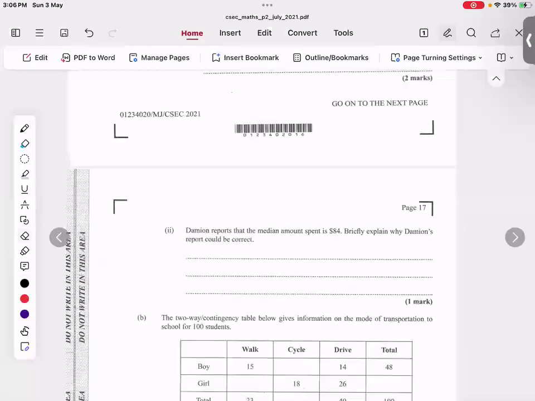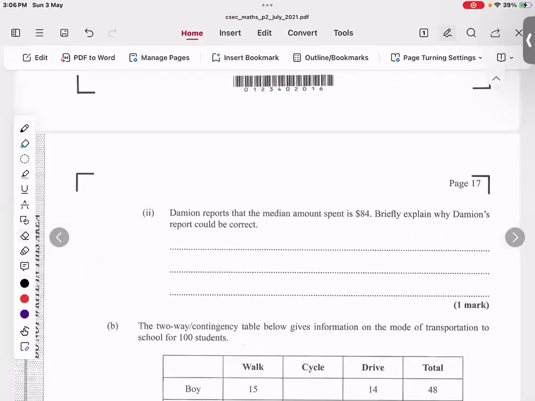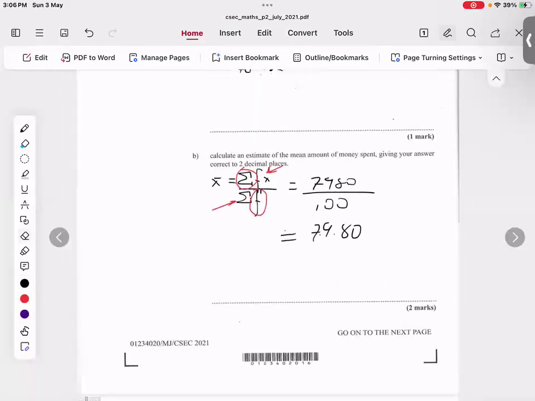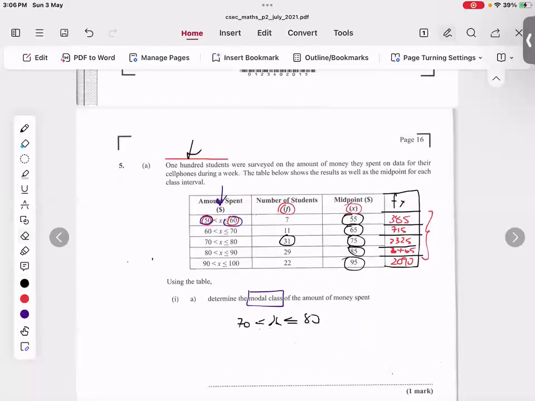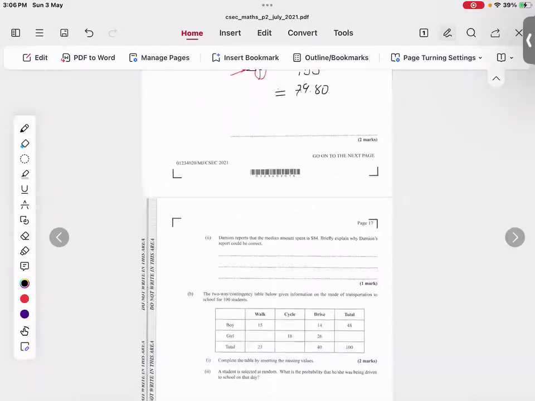So Damien says the median spent is 84. Basically he's saying that the median might be in this class. Here we're going for 1 mark, so I'm going to write back what we just did.